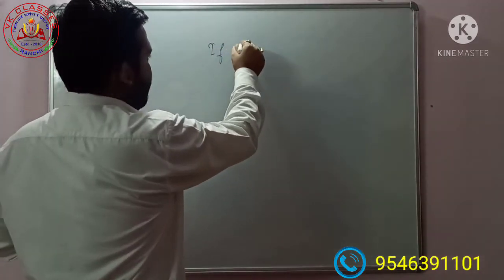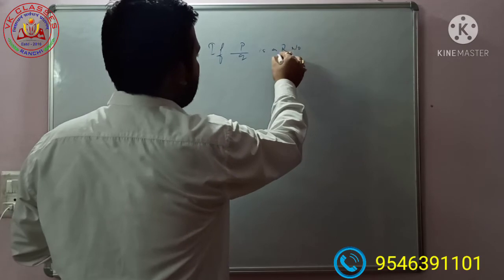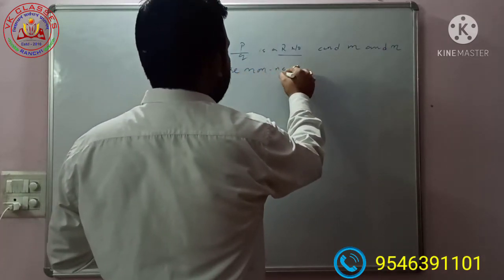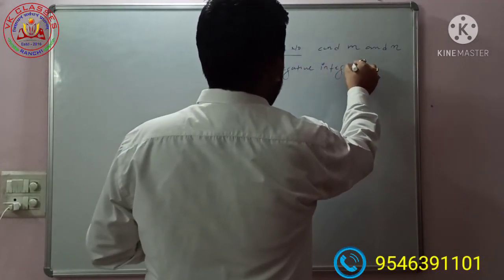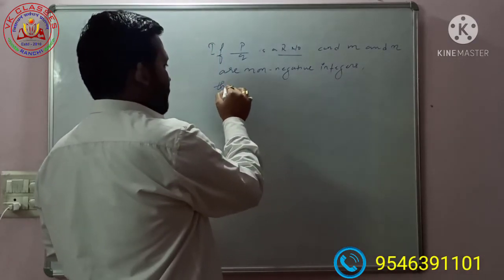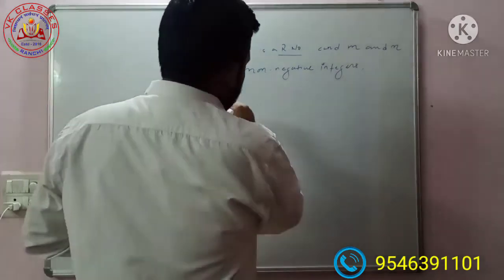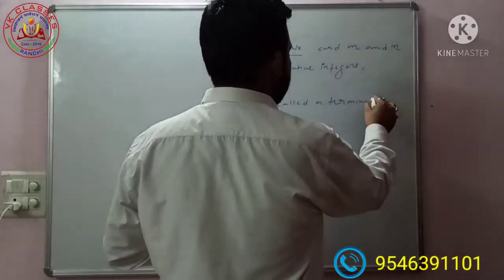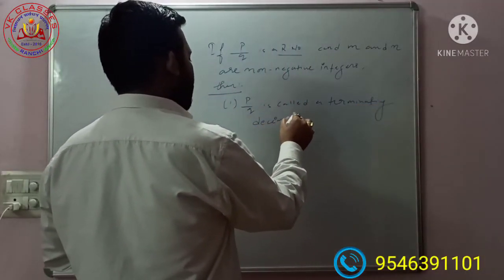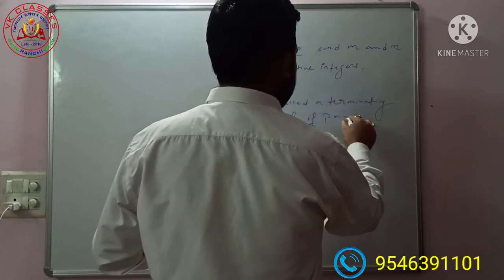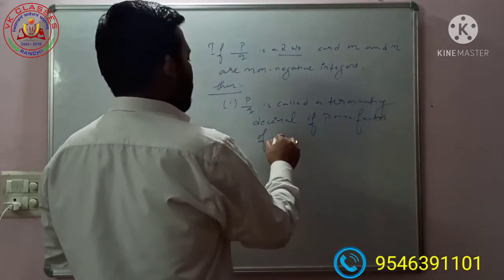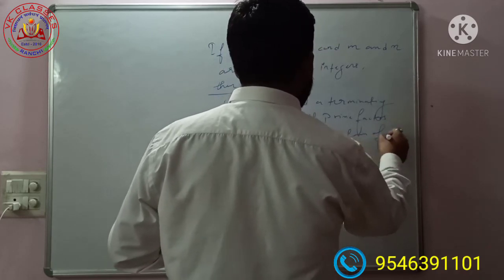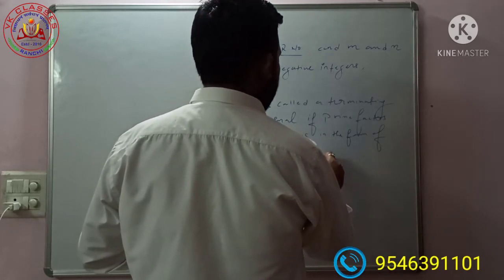If p by q is a rational number, and m and n are non-negative integers, then p by q is called a terminating decimal if the prime factors of q are in the form of 2 to the power m into 5 to the power n.